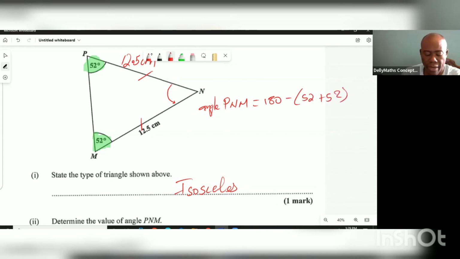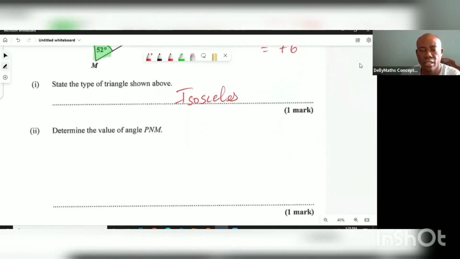So that's how I'm going to find that third angle, 180 degrees minus 52 plus 52. And then this would have left me with 180 minus 104. And this is going to leave me with 76 degrees. So this angle here is 76 degrees right there.